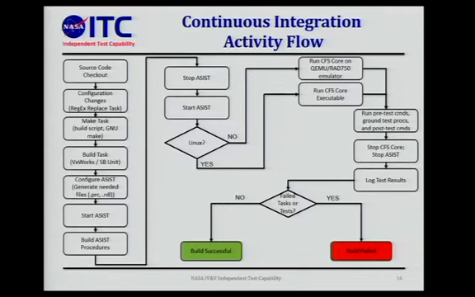This flow chart shows you the steps, automated steps that our system does. Mostly on the left, these steps, source code checkout, make any configuration changes you have to, build the software, and then configure Assist and start Assist. All of that really falls under building the flight software.